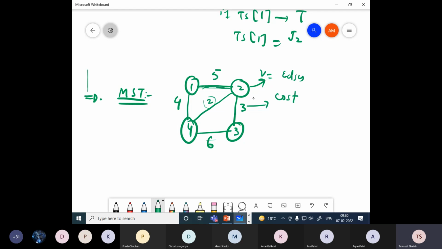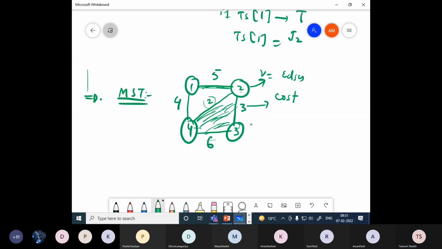Cycle means a closed path from 4 to 3, 3 to 2, and 2 to 4. This diagram which is becoming here is known as a cycle. So we are talking about examples where all those things are valid. We have a set of vertices, a set of edges, and each edge represented by a particular cost function.